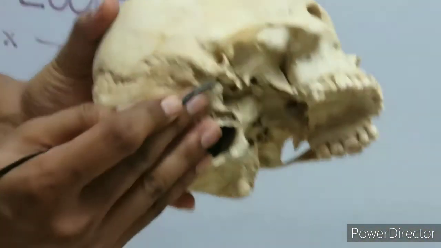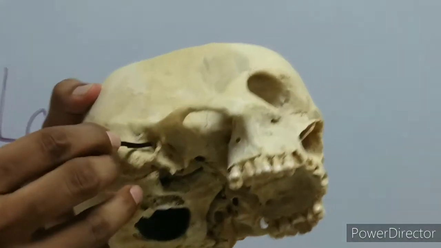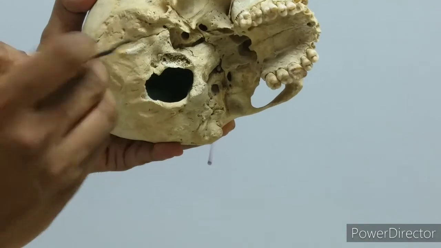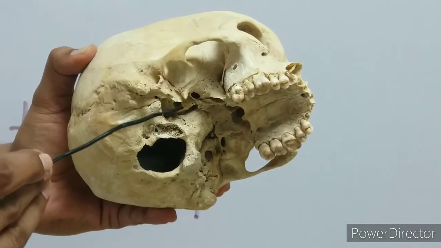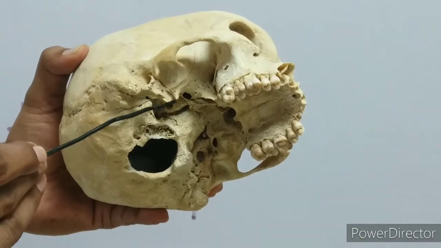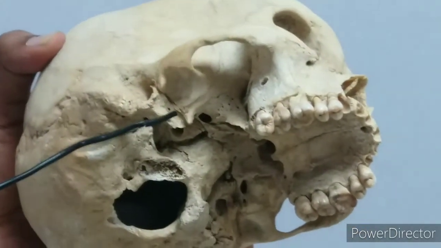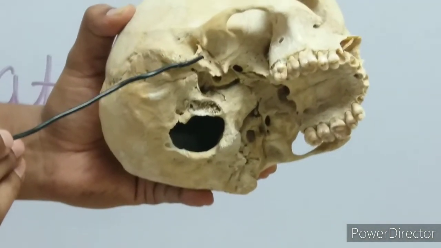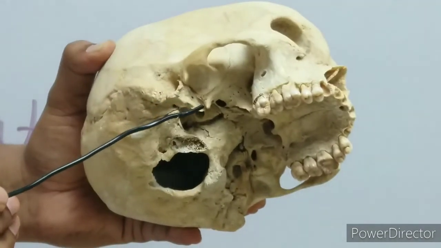Okay, now the styloid process. Here you can see, this is the external acoustic meatus and this is the tympanic plate. From the tympanic plate arises the styloid process. It is pointed, and this is called the styloid process. It is a needle-like thin long projection from the temporal bone.